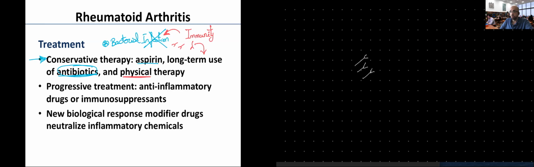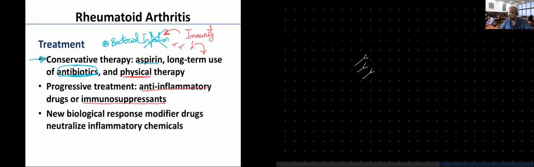Physical therapy also is going to be part of the conservative therapy. Progressive treatment, whenever I have flare-up of the inflammation, progressive treatment is going to be needed. This includes anti-inflammatory drugs stronger than aspirin, something like cortisol, and immunosuppressants to suppress the immune system to reduce the attack on the joints.